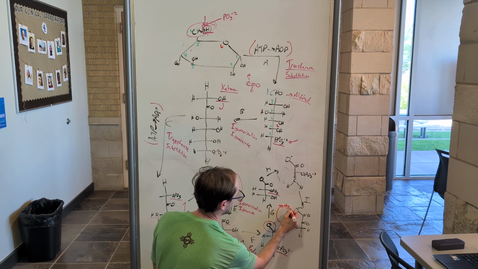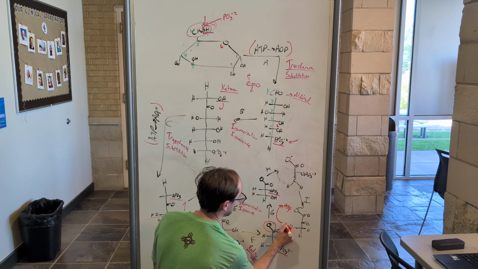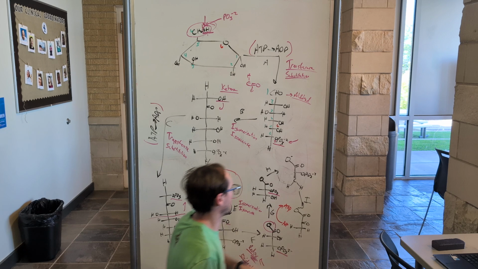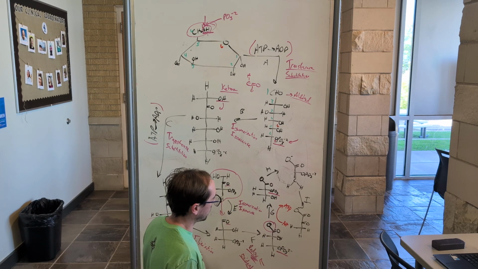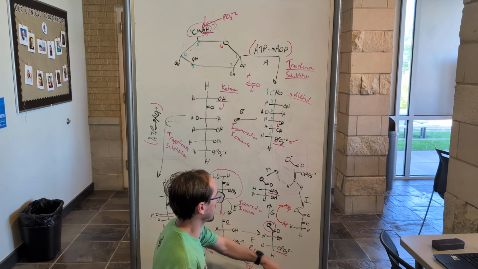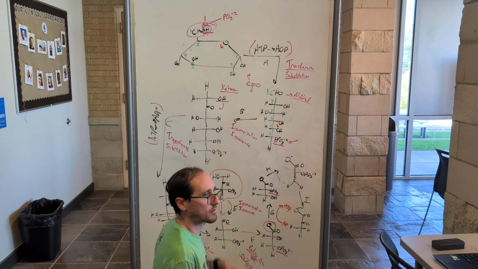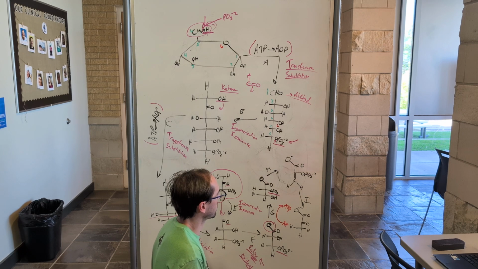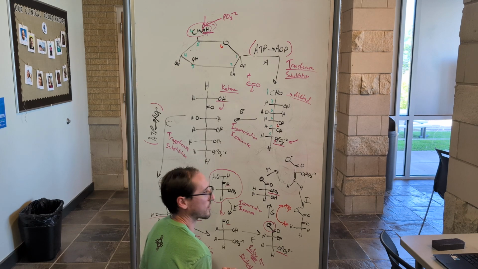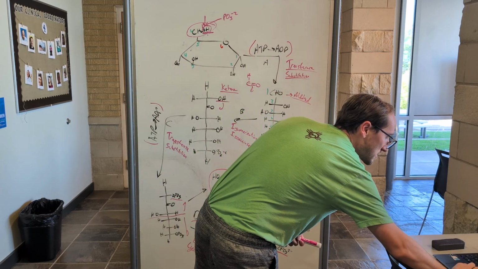So the idea is that I think he wants us to understand that this involves the removal of a phosphate and then reapplication of that phosphate. So it's like an isomerization or whatever, but it's using a transferase to do this isomerization. So I don't actually know what he puts as the answer on this.